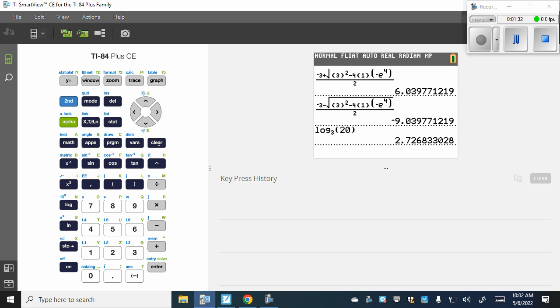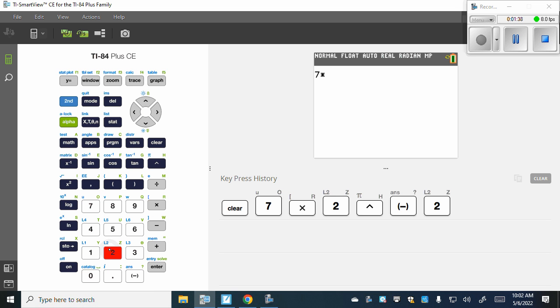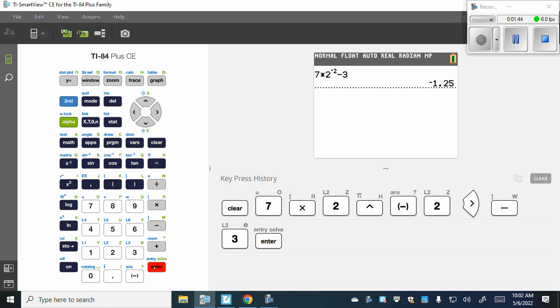Well, in the calculator, we can say 7 times 2 to the -2 minus 3. That gives -1.25. So for these here, we just have to type them into the calculator.